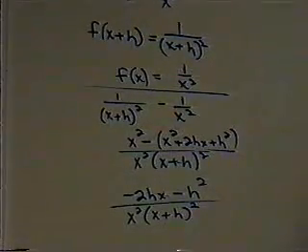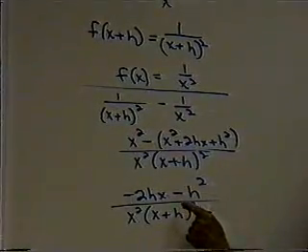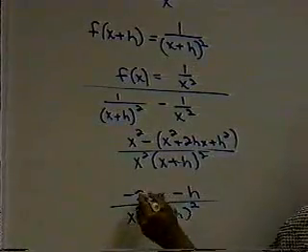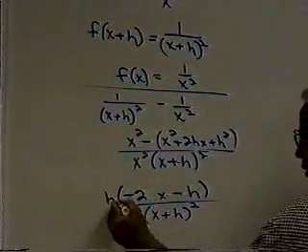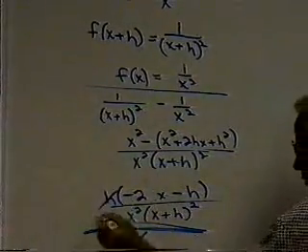All right, good. Now we've got it all simplified. Now what do we do? Remember, we factor out an h and divide it out. So we'll factor an h out of this and then divide that by h. And what happens? Those drop out.